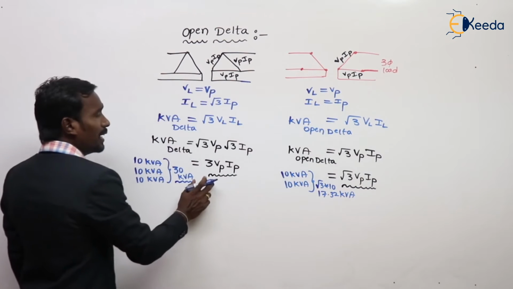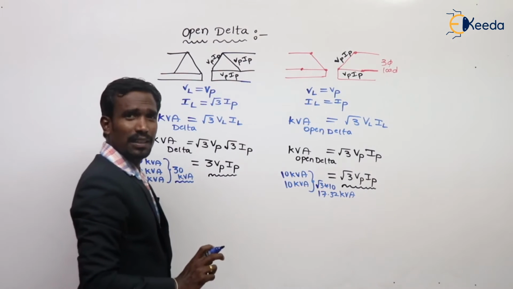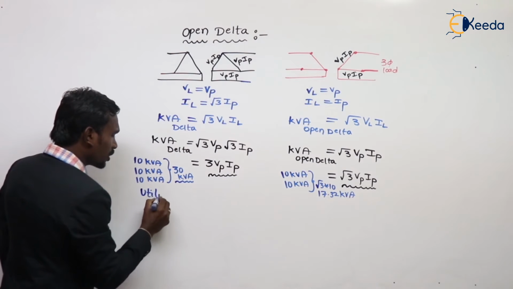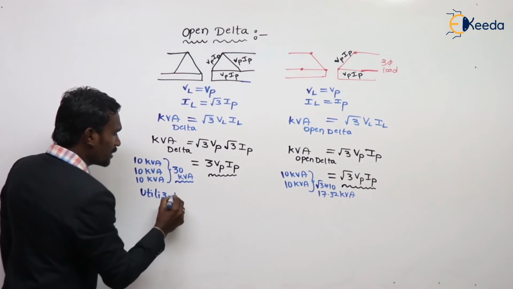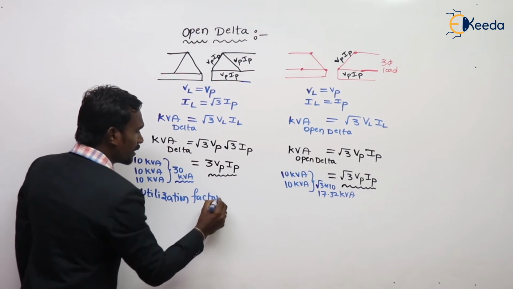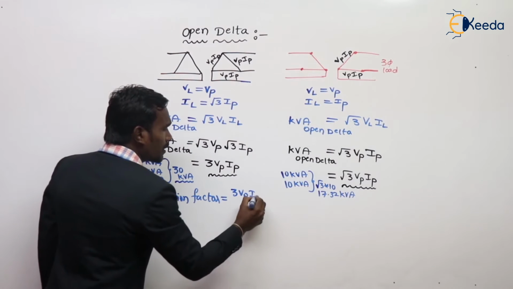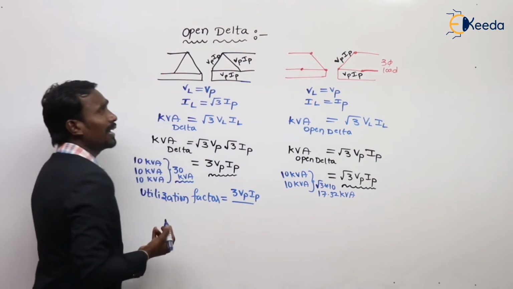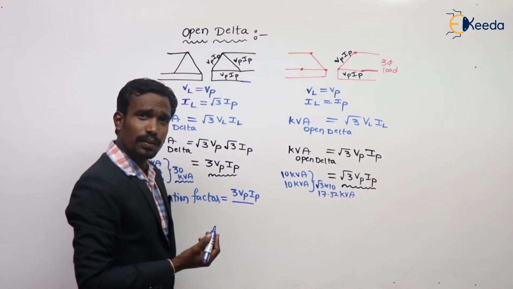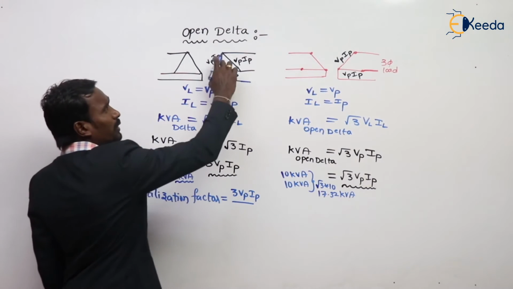Here the utilization factor is 100%. What is that? Utilization factor is equal to total load divided by total capacity.